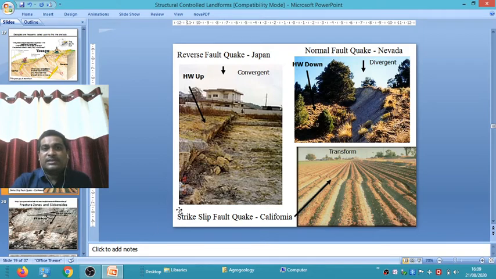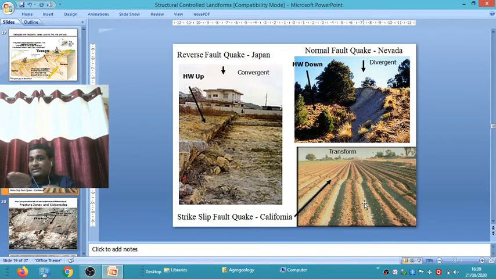These are different pictures: river falls, earthquake in Japan, like this. This arrow shows a reverse fault. Strike slip fault: this is the California strike slip fault. Strike slip means, you see, this is agricultural land.